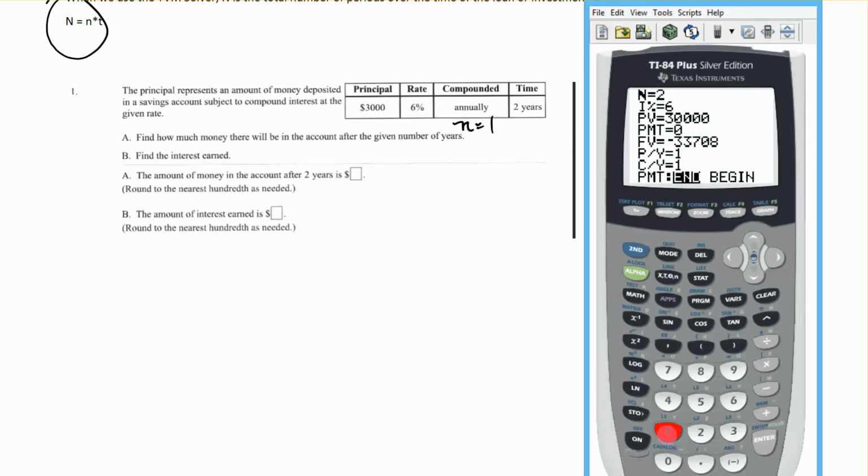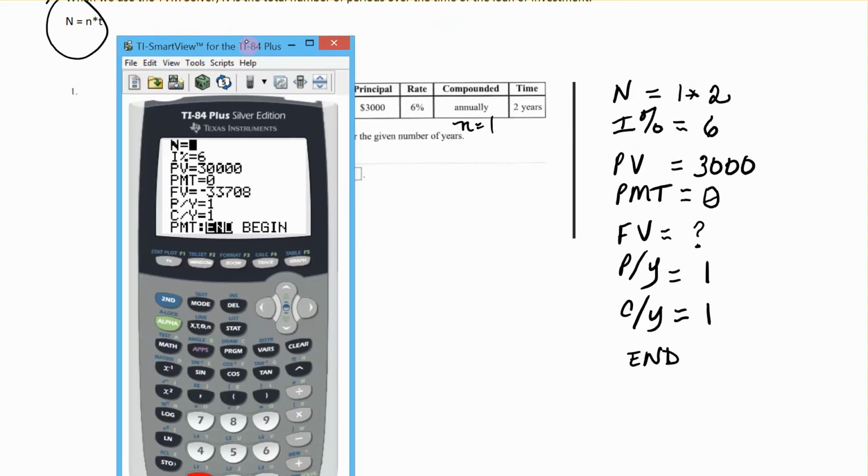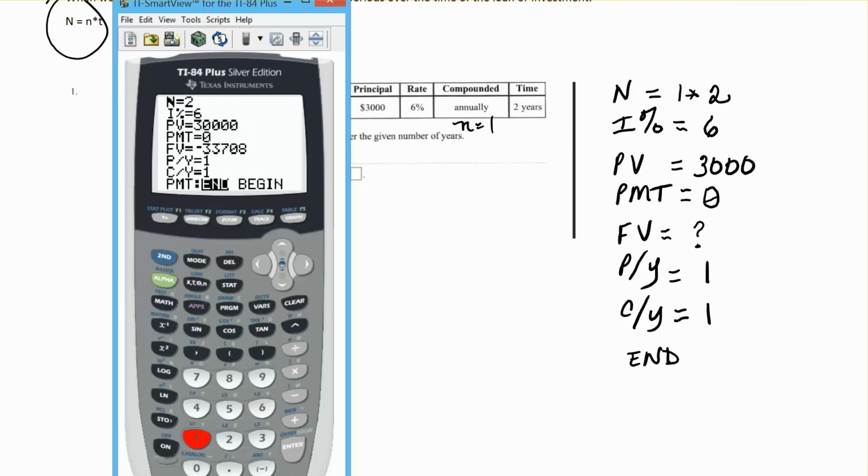Okay, let me move my problem over here. All right, I had been playing with this a few minutes ago, so I have some values in it. Okay, capital N is the number of periods per year times the number of years.